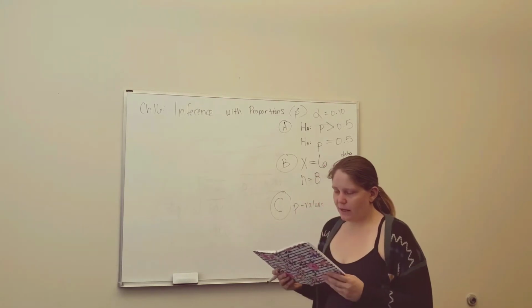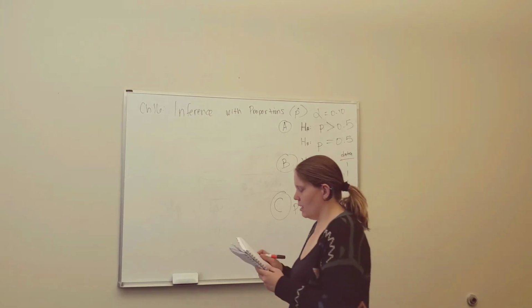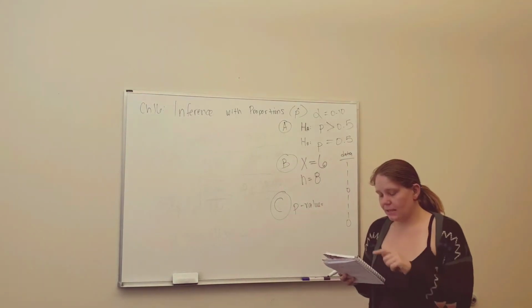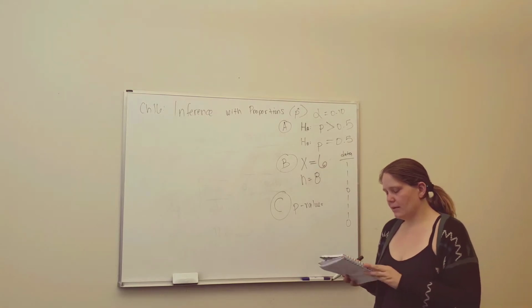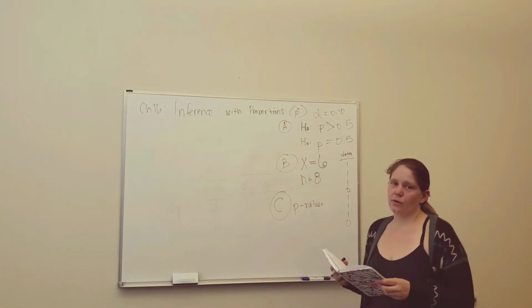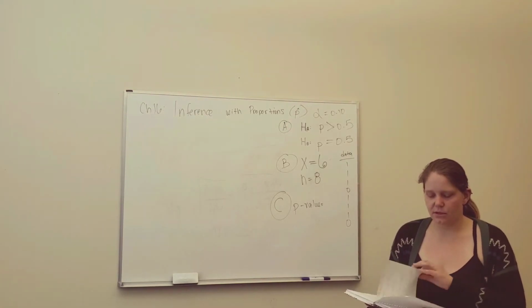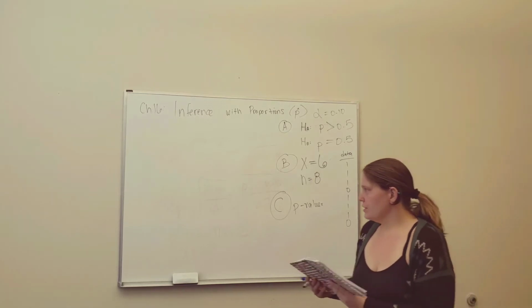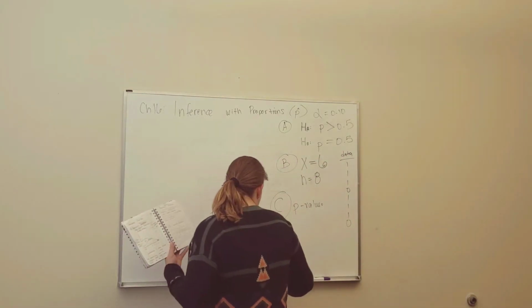So to calculate the p-value, we have to use the formula in the book, and we also have to know how to calculate what's called the binomial coefficient, which is that C value you see in your book. So first, let's talk about the binomial coefficient.